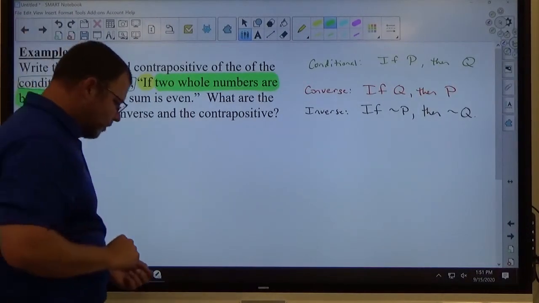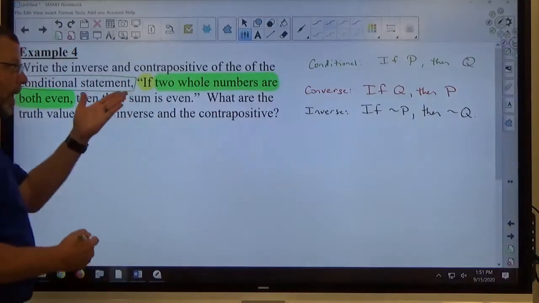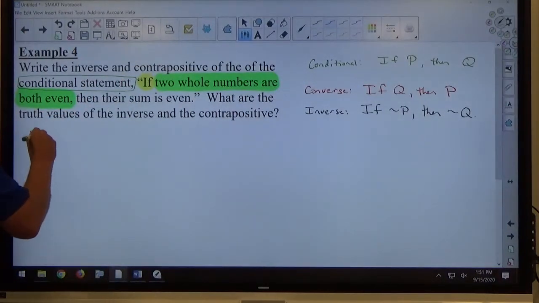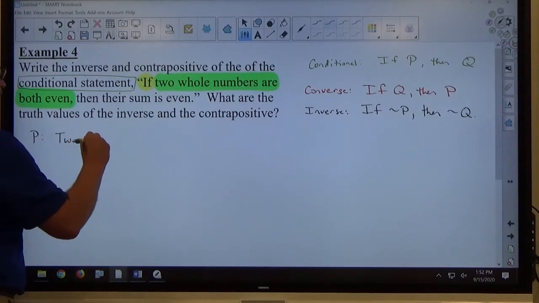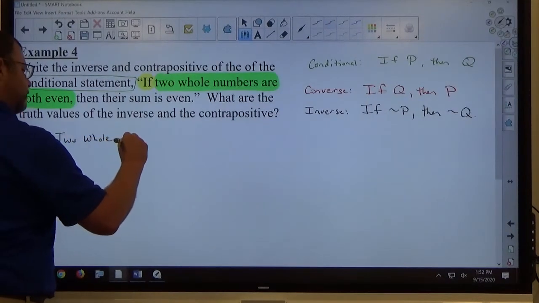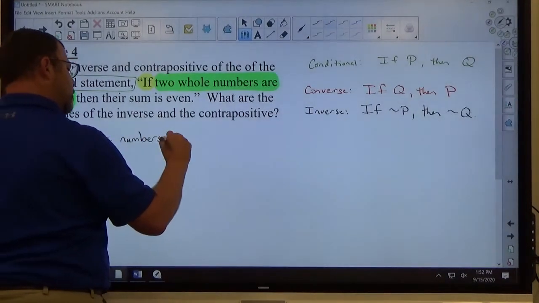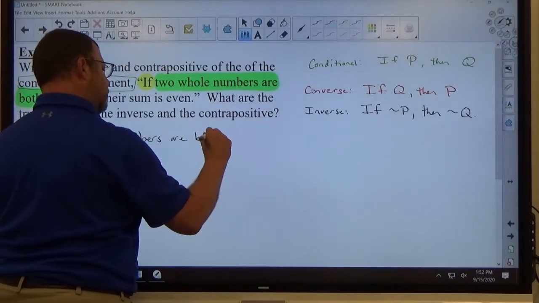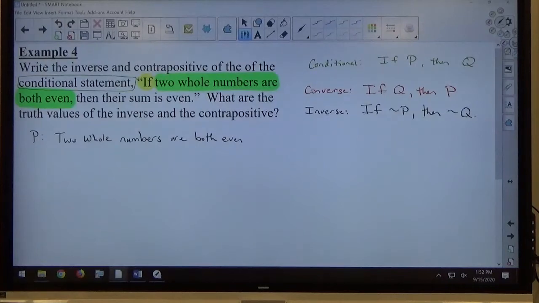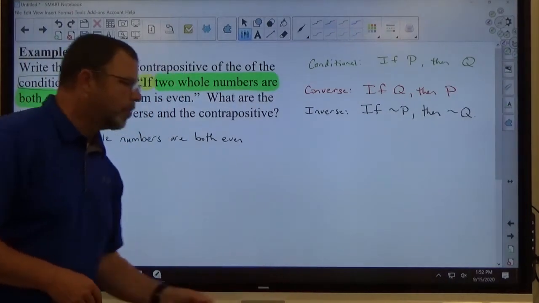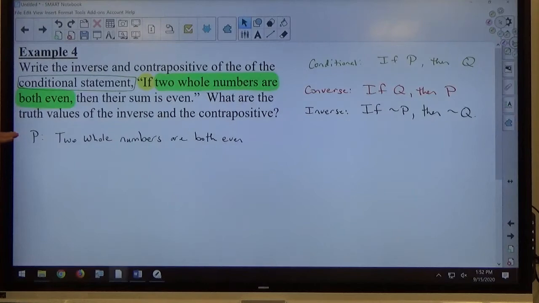So the hypothesis, P in this case, are the words two whole numbers are both even. Notice I did not write the word if. I only wrote the words after the word if. So again, for my original conditional statement, that's what P is.